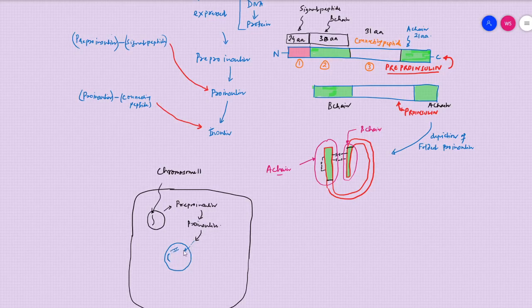So this proinsulin continues to become insulin, with the removal of C-peptide. Now, initially what happens? Two insulin molecules which have lost the C-peptide will form a dimer. Okay, it will form a dimer, means these two will aggregate together to form a dimer.